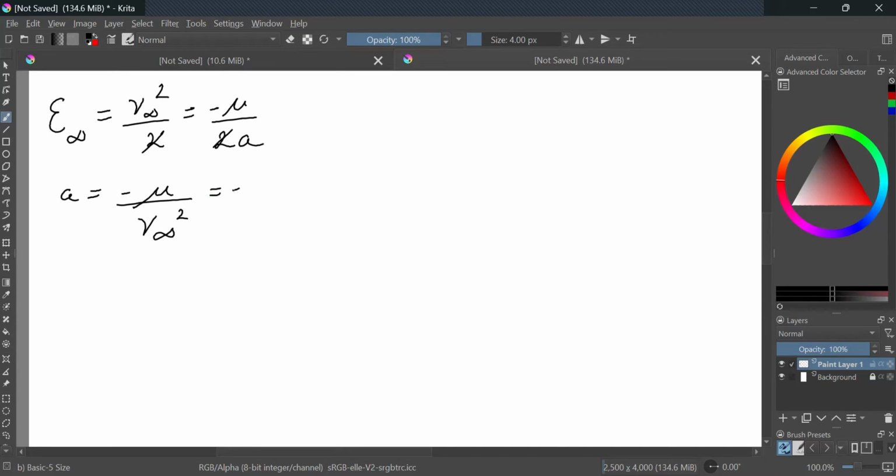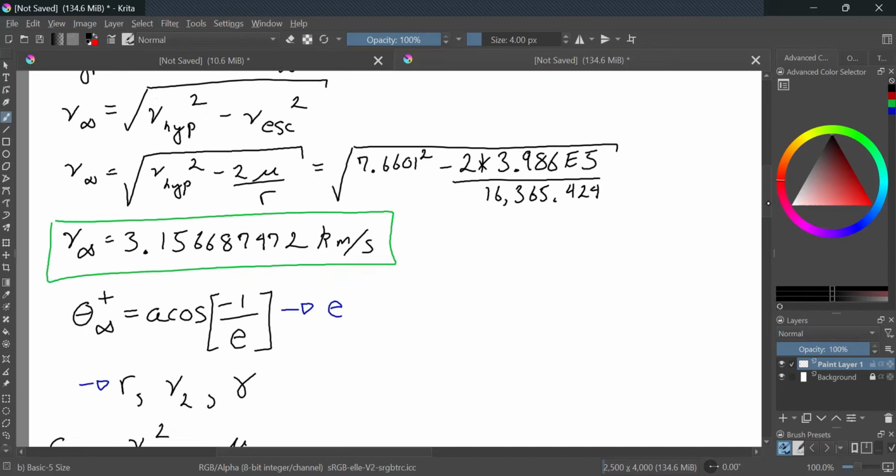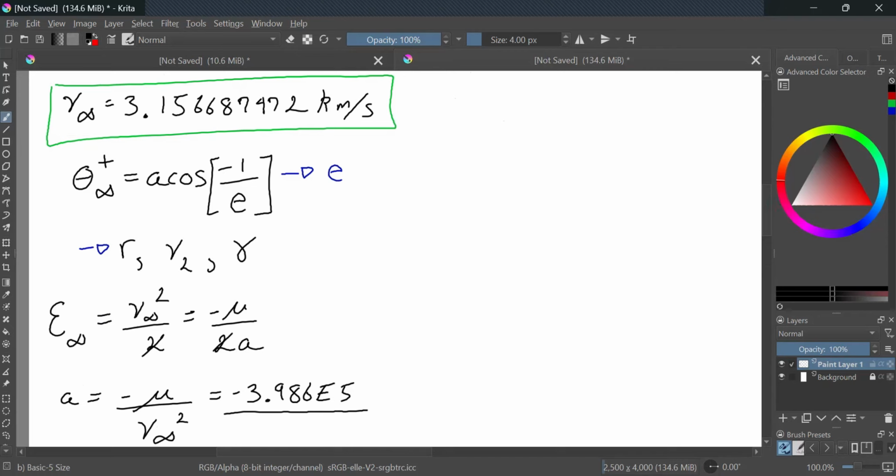Let's plug in some values now. 3.986 times 10 to the 5th. I don't know why it's doing that. Over... well, it's a good thing that I recorded every digit up here. Otherwise, I'd have to solve for it again.